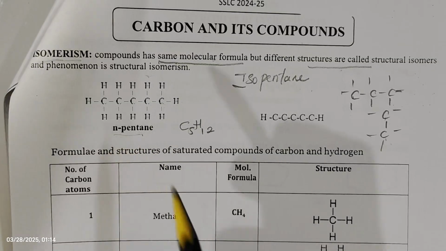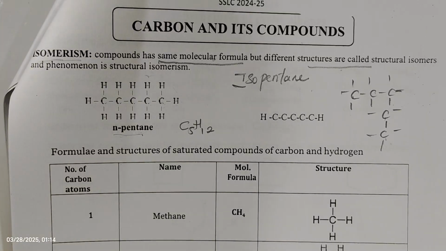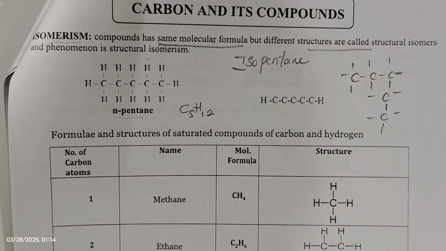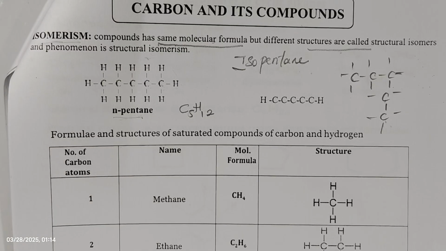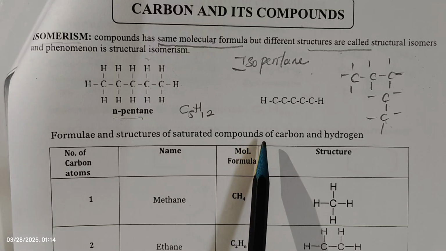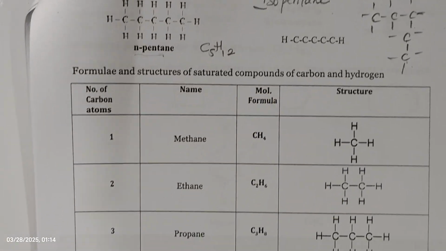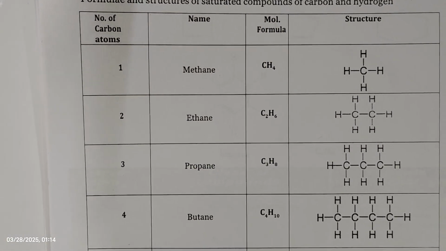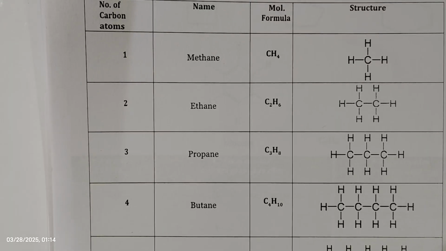Any number. Next is the formula of saturated compounds. We know well about saturated compounds. The saturated compounds generally mean alkanes. The alkanes are considered saturated hydrocarbons. Their structures and molecular formula are given here with the number of carbon atoms.